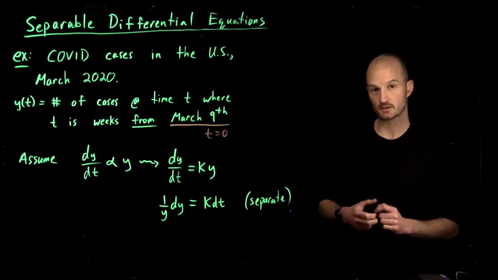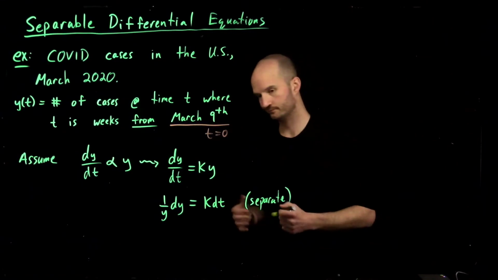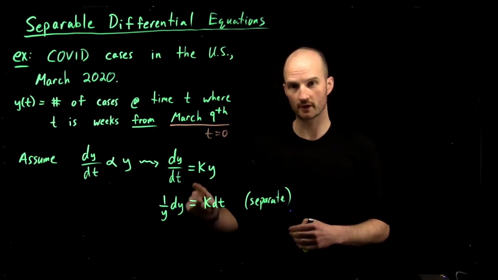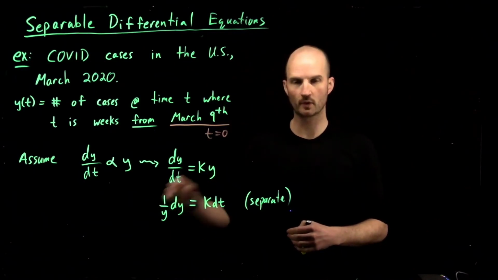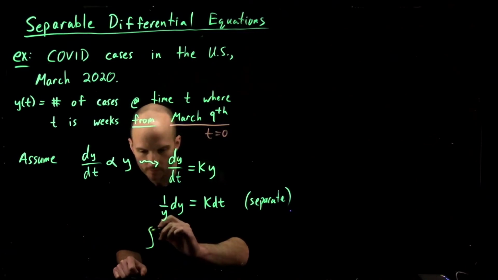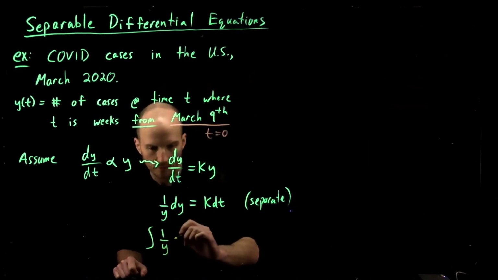And the next step is, well, you're probably thinking it already. These look almost like integrals. All they need is the little integral squiggle in front. So we'll do that as our next step.